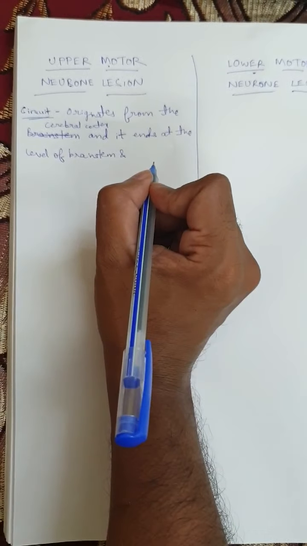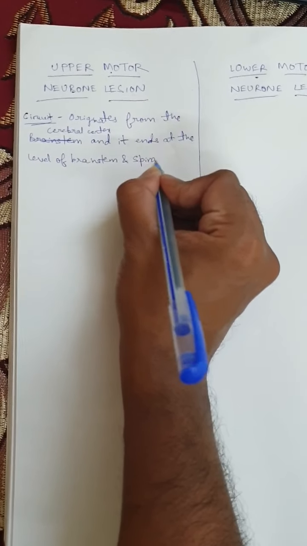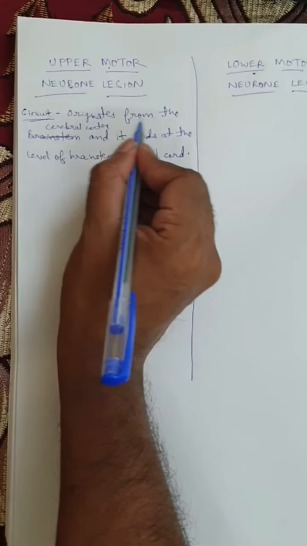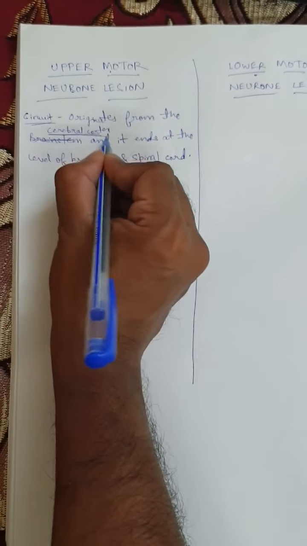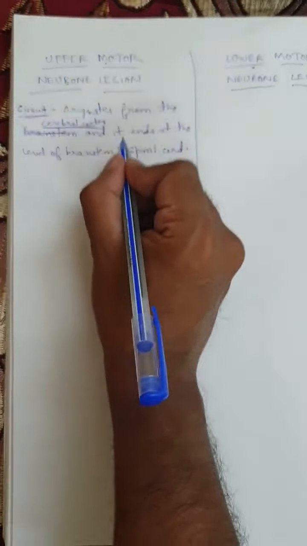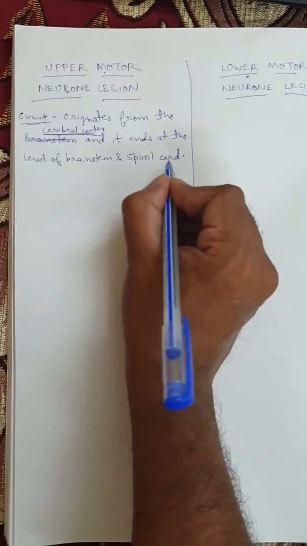Any guesses? Okay, it's the spinal cord. Now here we have a correction. It originates from the cerebral cortex, and it ends at the level of brainstem and spinal cord.